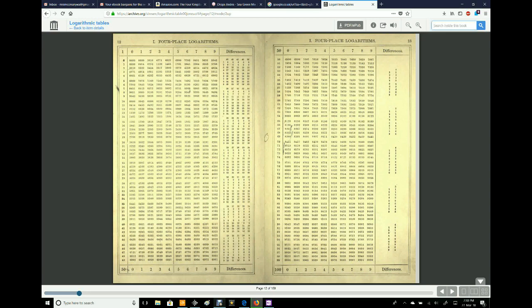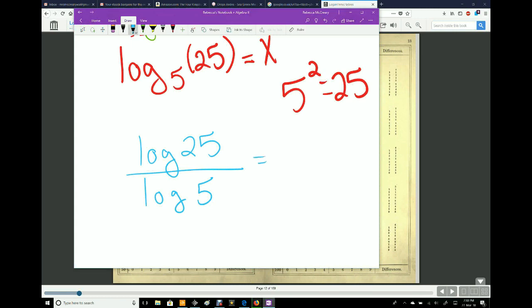So we keep going, looking for 25. We haven't gotten to another set of zeros, so it's not going to be 2. So we know that our logarithm is going to be 1.3979. So we come over here, equals 1.3979. There's our logarithm of 25. Now we need to find our logarithm of 5.